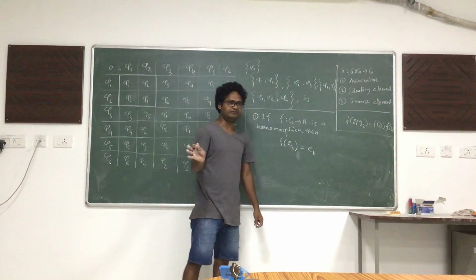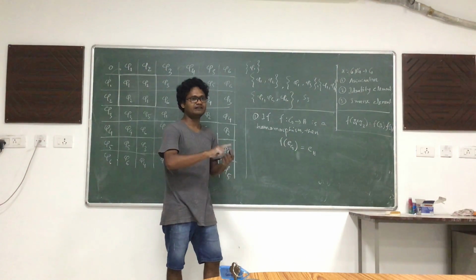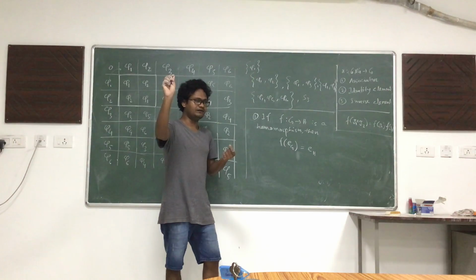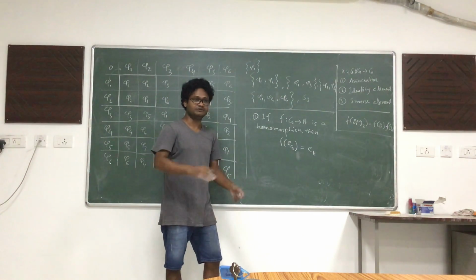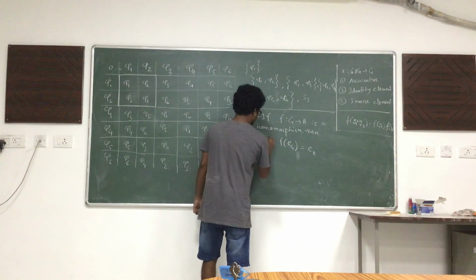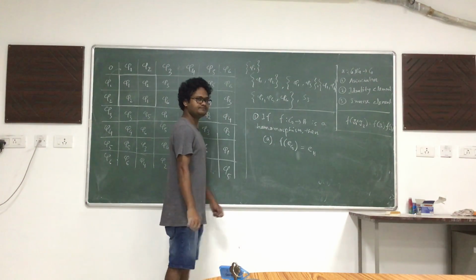You cannot do it the other way around. You cannot send the identity element to a different element in the second group and call it a homomorphism. Is this a definition? No, this is a property.